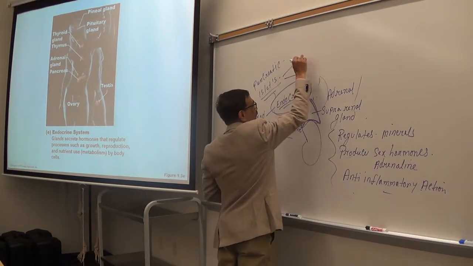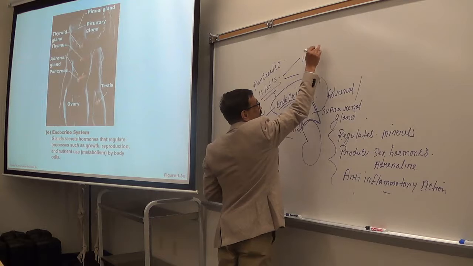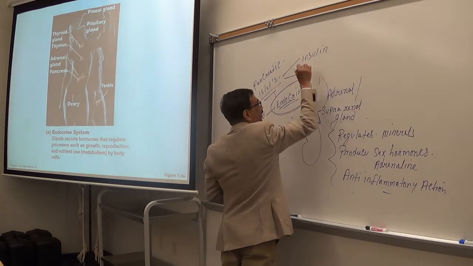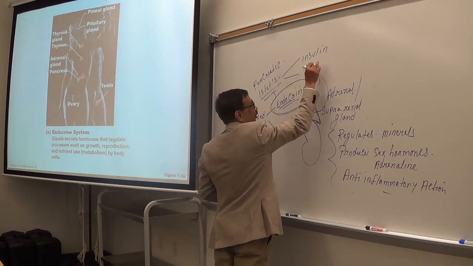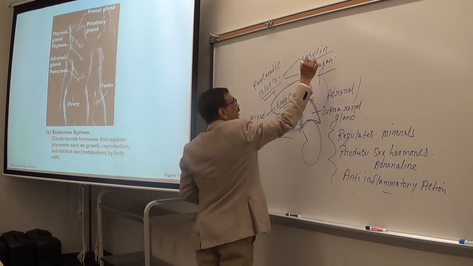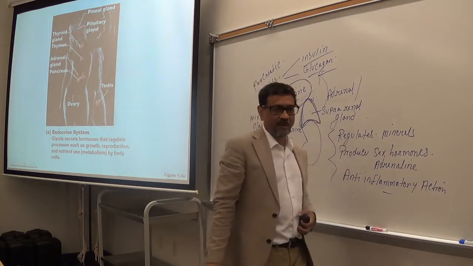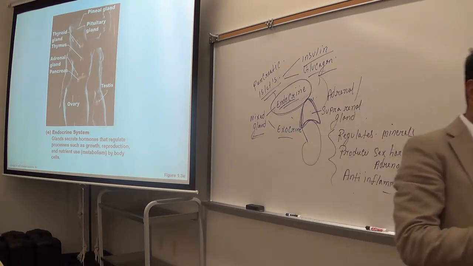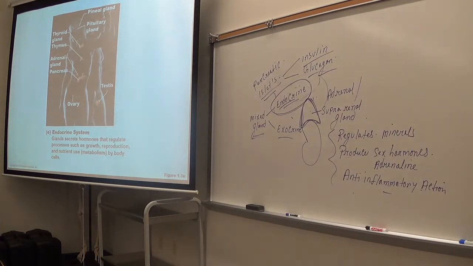You all know one of those 2, insulin, and another is called glucagon. Okay, so insulin and glucagon are secreted by the endocrine part of the pancreas. Is it clear?